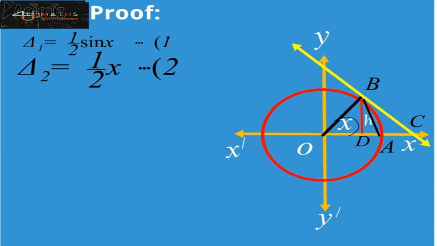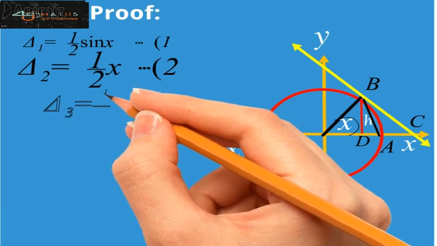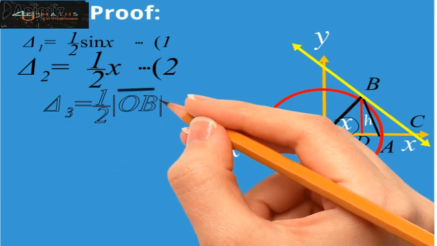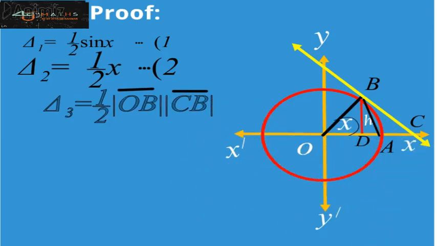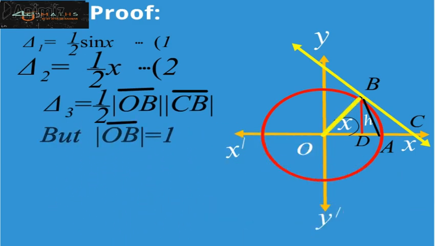Finally, we want to find the area of the triangle COB. Let us denote this area by delta 3. Thus, delta 3 is equal to half into base, that is OB, and into altitude, that is CB. But OB is equal to 1.